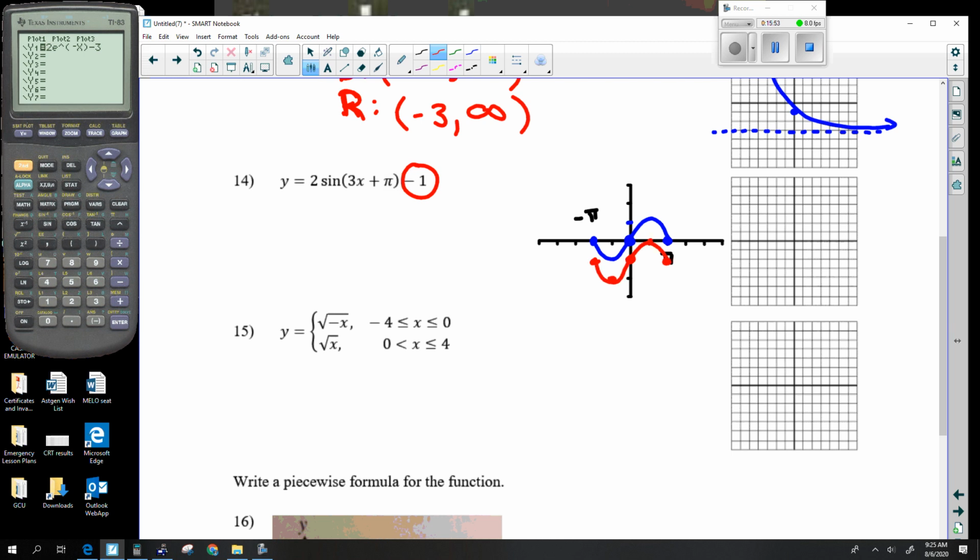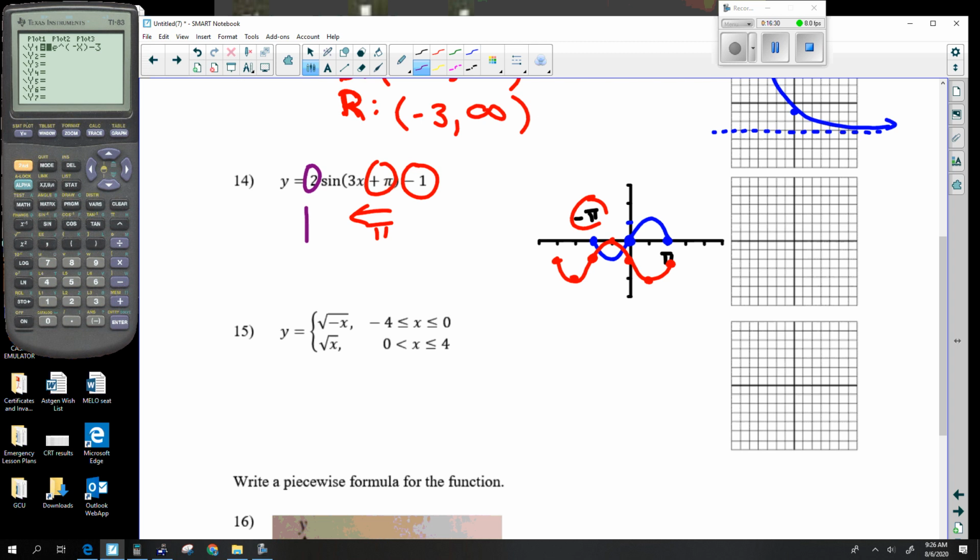That moves it down 1. And this moves it left pi. So again, here's your pi, left pi. It will move everything left pi. So there is our picture with those movements.